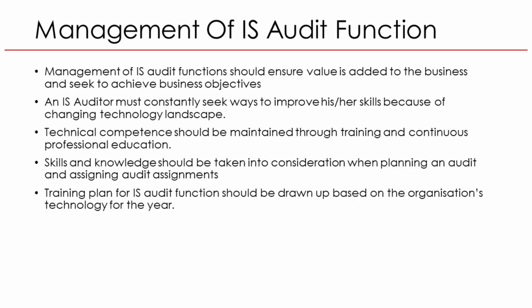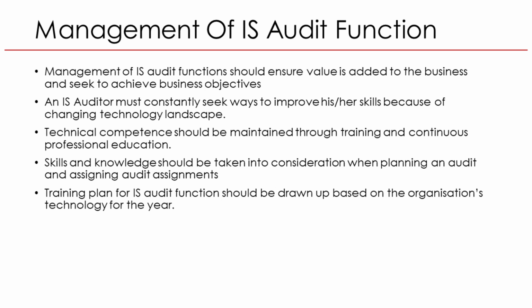The IS audit function should always aim to add value to the business and support its goals. To do this, auditors must keep improving their skills and knowledge, especially as technology keeps changing. Example: an auditor who once focused on traditional servers must now understand cloud and cybersecurity risks to stay effective.